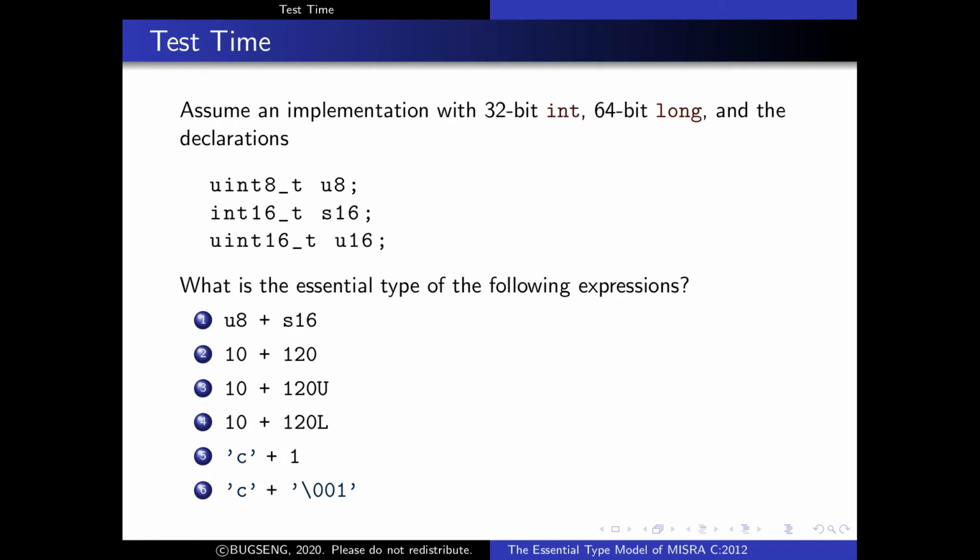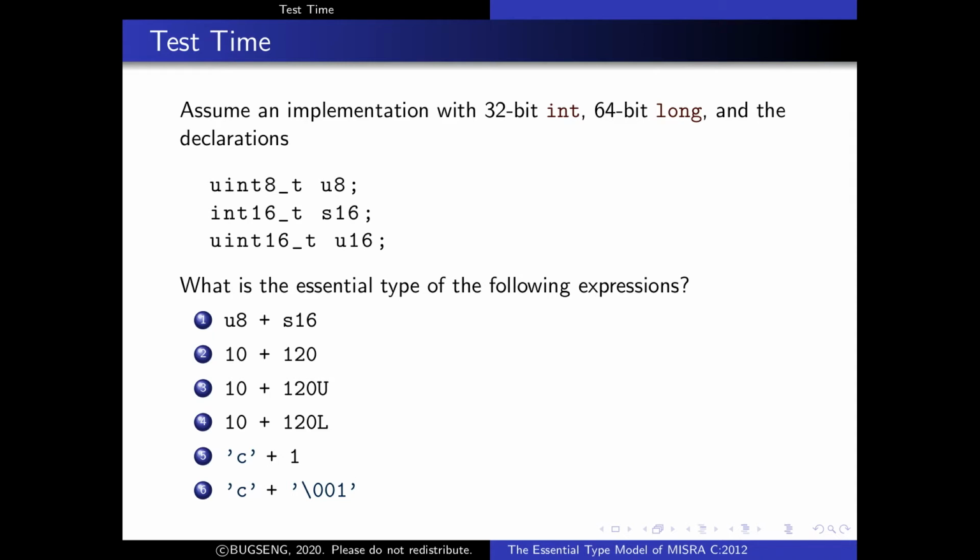The result is 64-bit signed, because 120L has essential type signed int, 64 bits. And as the rules say, the result has the same essential type category, so signed, with the largest size. Let's go to the next poll.